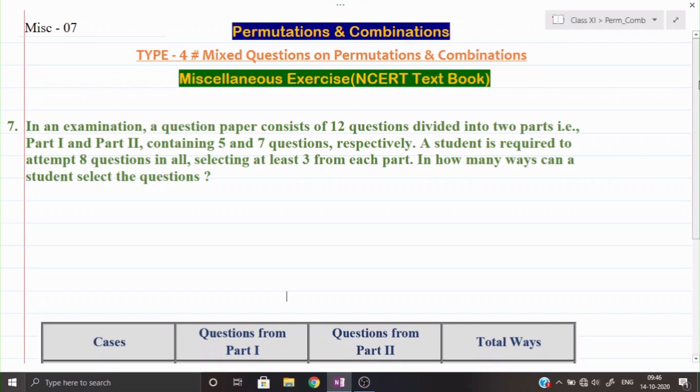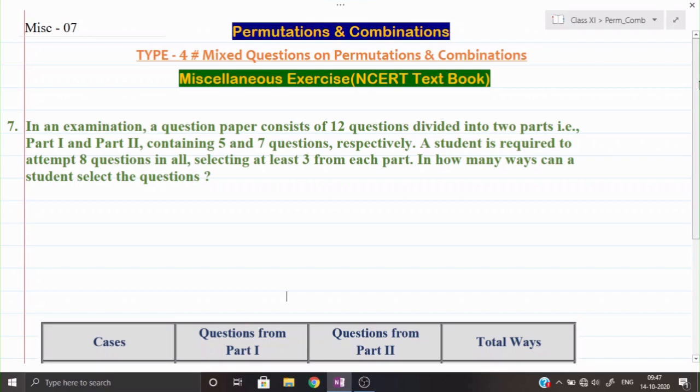For that only the condition is given further: selecting at least 3 from each part, means he cannot solve fewer than 3 questions from any of the parts. So suppose he is selecting 4 questions from part 1, then in part 2 also he needs to select 4 questions to complete the total 8 questions. This is one combination we can see. Similarly, we can find a different combination.